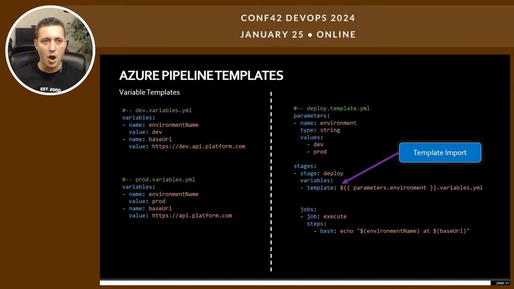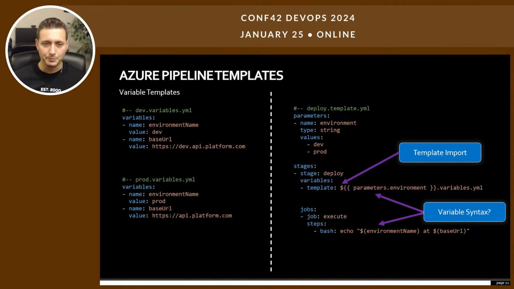So we can automatically pull in either the dev variables or the prod variables and then begin to reference them appropriately. Notice the different variable syntax that I've used here as well. Parameters.environment is obviously coming from a parameter above, versus the $ syntax with the round brackets you see on the bottom for environment name. That's coming much later. That's coming not at render time, but at runtime.